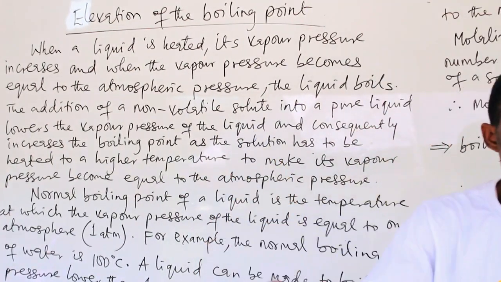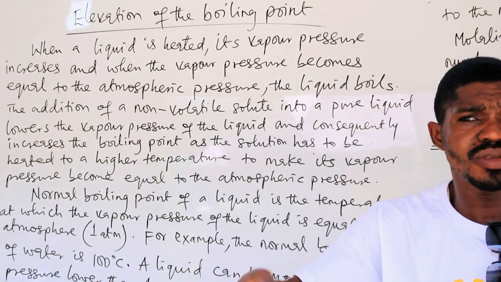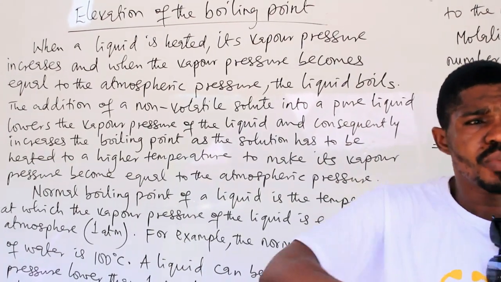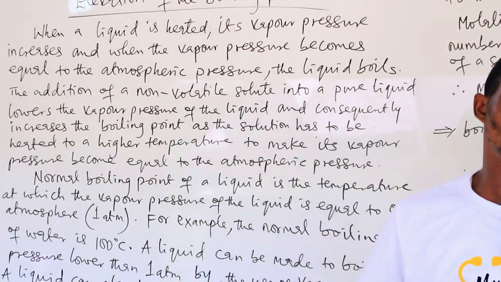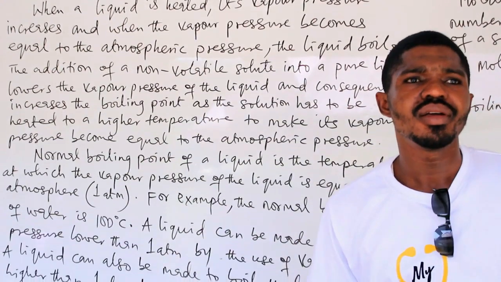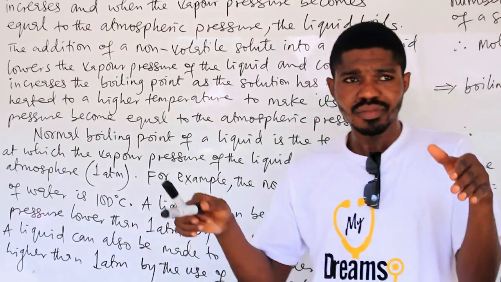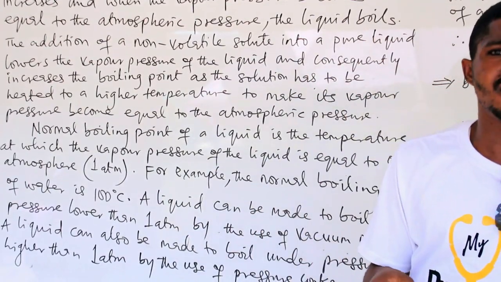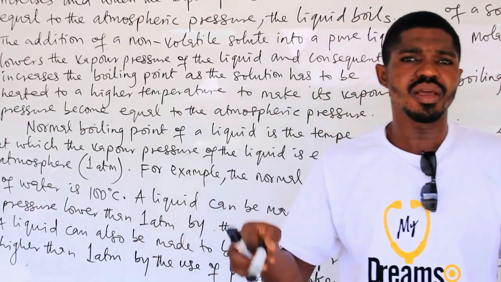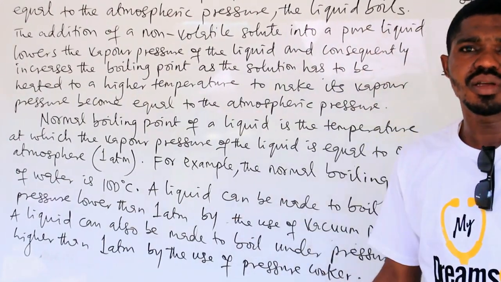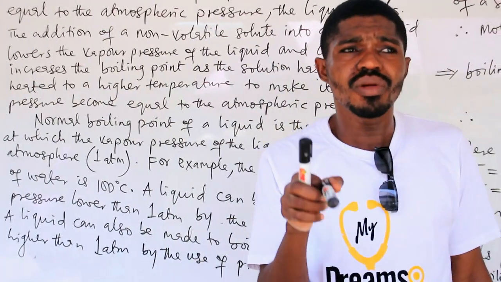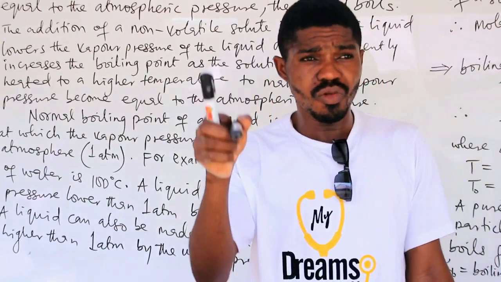A time will come when the vapor pressure becomes equal to the pressure of air around the free surface of the liquid. That is when the liquid is saturated, and once that happens, the liquid starts to boil. You will see many bubbles inside the liquid.